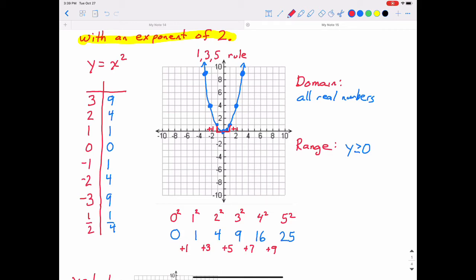Then from that point, I can go out 1 and up 3 units, so plus 3, on both sides. And then from these points, I can go out 1 and up 5 units: 1, 2, 3, 4, 5, and out 1 and up 5 on the other side. So that's why it's simply called the 1, 3, 5 rule.